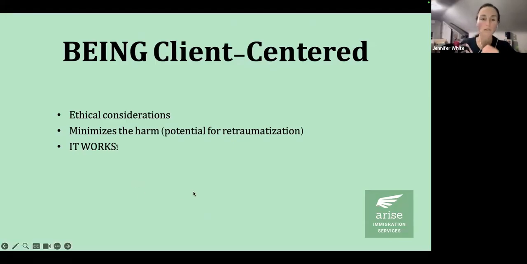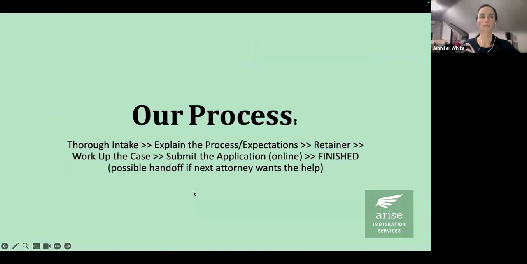Okay, so in terms of our process, and this is pretty similar from organization to organization, like legal service providers, we generally have very similar intake processes. First, clients fill out an intake form on our website. Then for the cases that look strong, because we really only take strong cases, we schedule a Zoom meeting with them to do an interview.